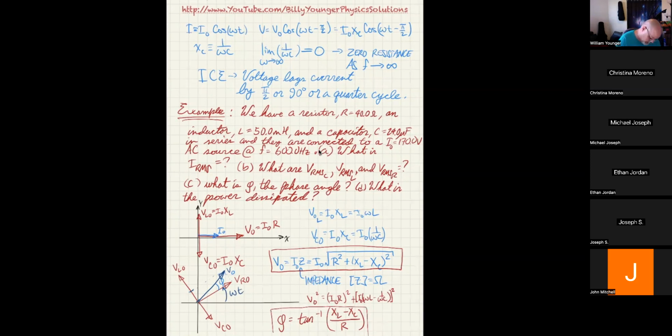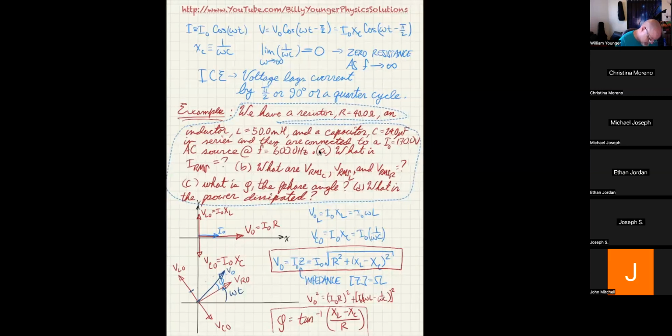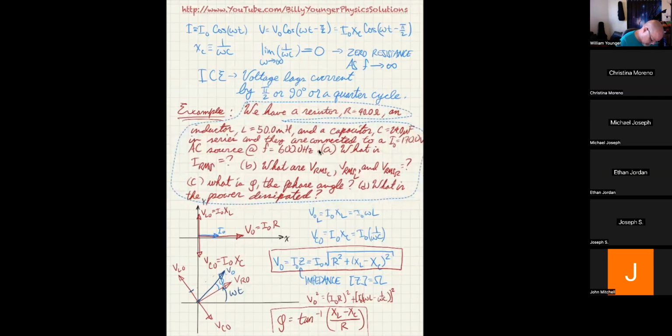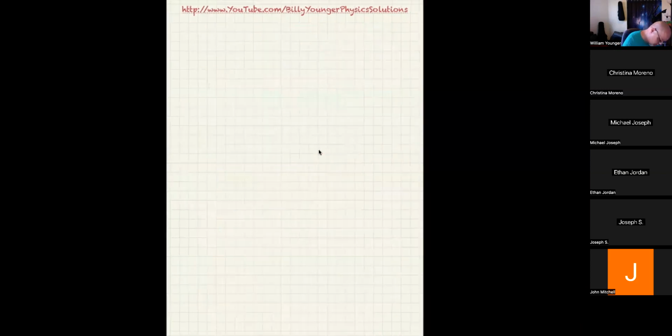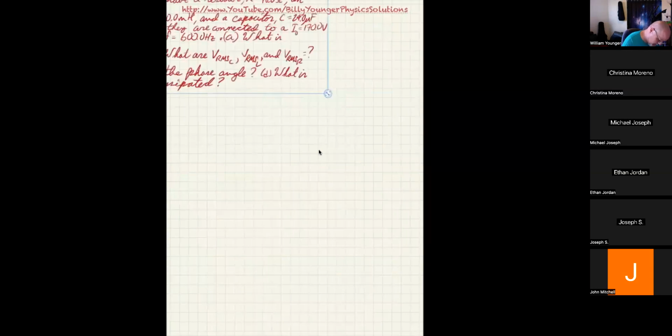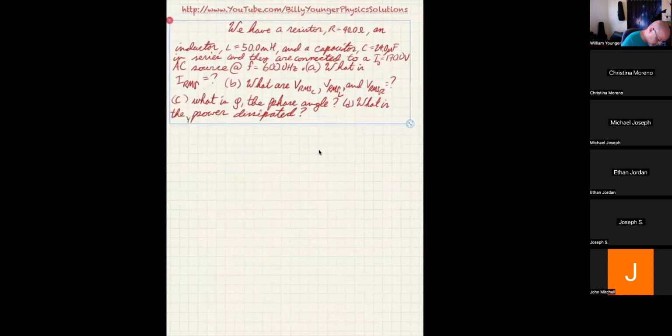So I can go ahead, and what I'm going to do is take this and copy this to the next page. I'm going to say copy, go to the next page, say paste, and move this right here.